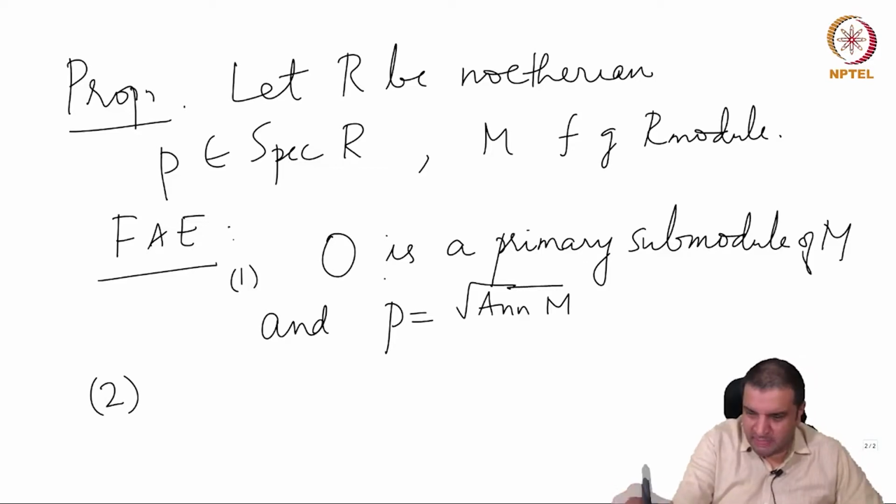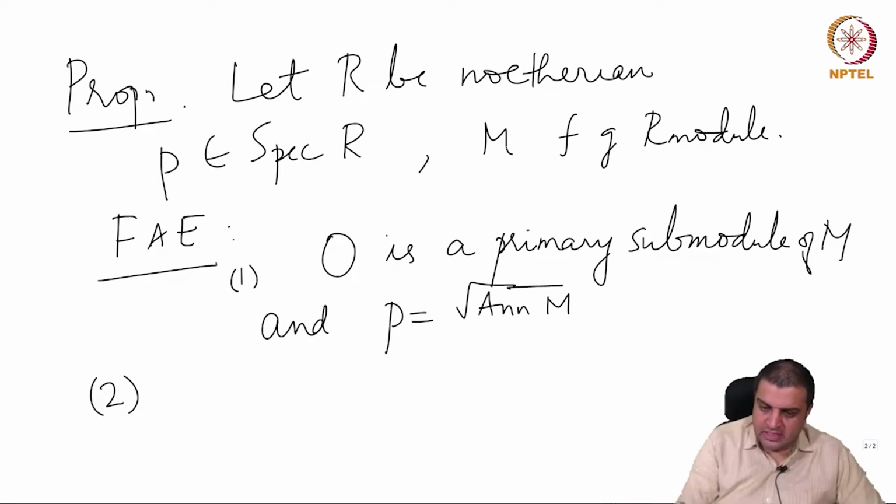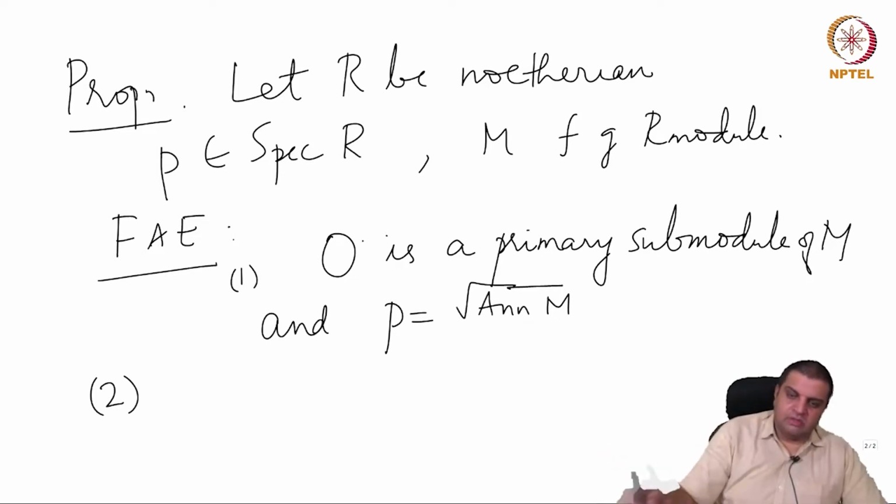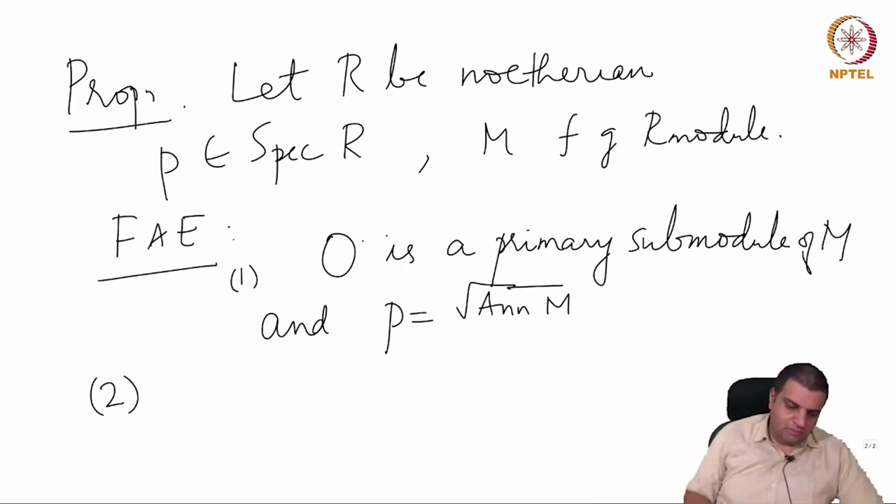We are not saying that M is P primary. We are trying to understand the condition when 0 is a primary submodule. Okay. This is the same thing as what we were discussing in the previous lecture. We were discussing N is a primary submodule of M. That is really a condition about M mod 0 inside M mod N. So we are just restricting ourselves to the 0 submodule.